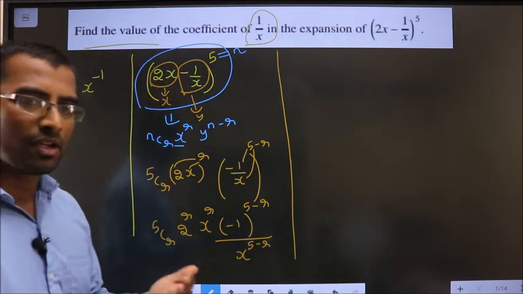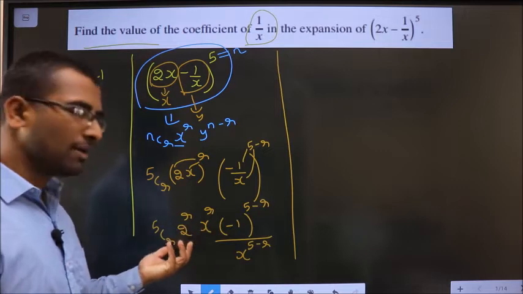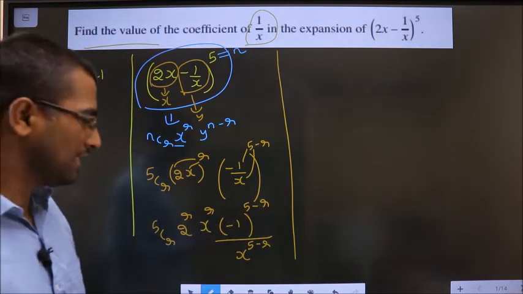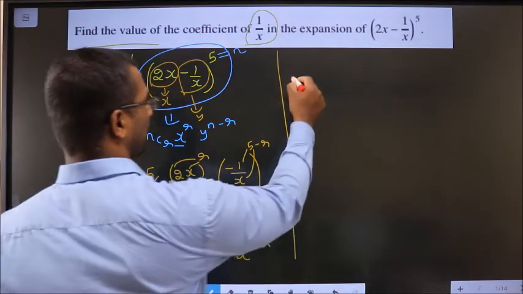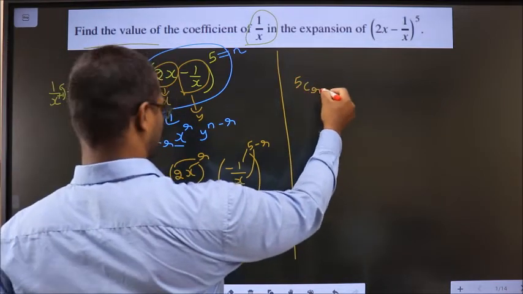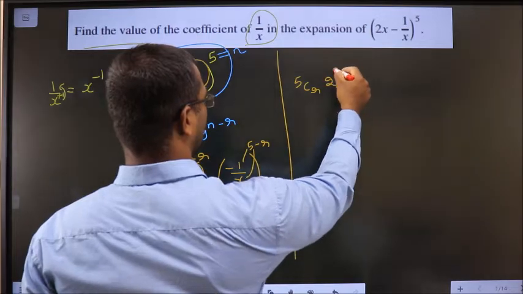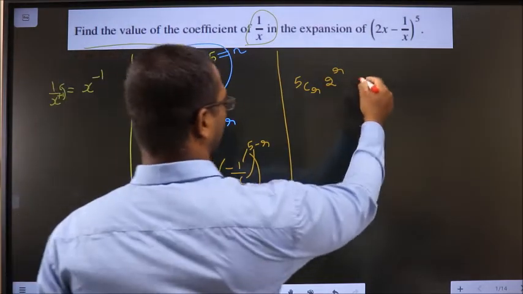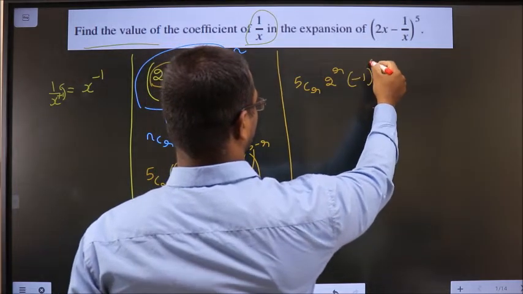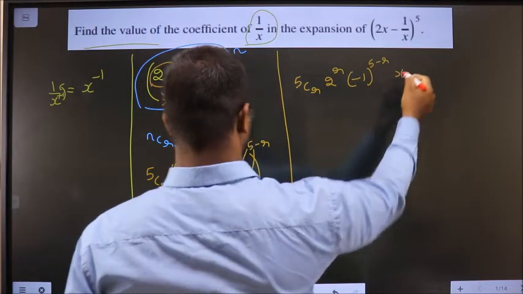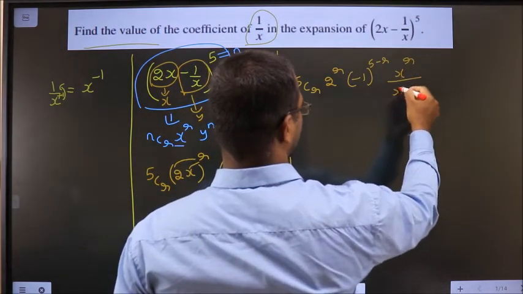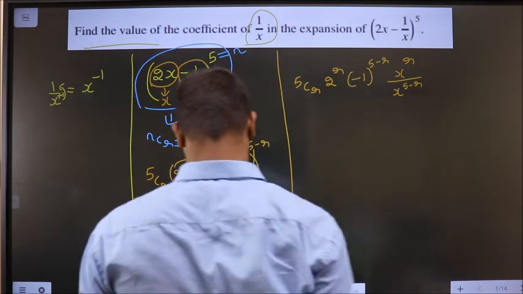Next, write all the numbers before and x at last. That will result in 5Cr 2 power r, I was talking about this number before, so minus 1 power 5 minus r, and x power r at last by x power 5 minus r.